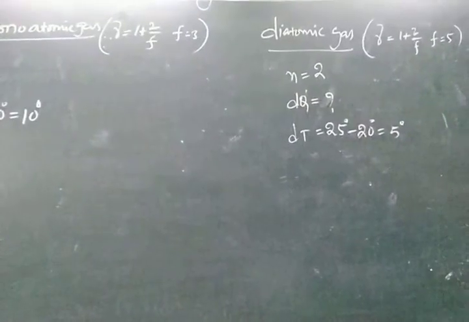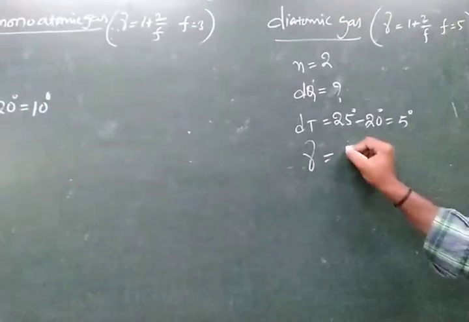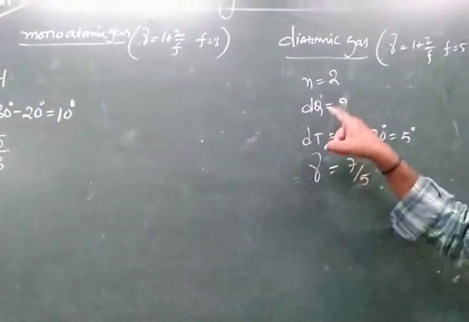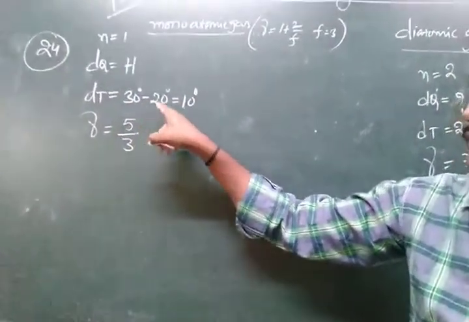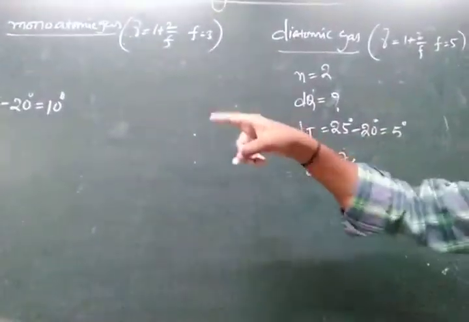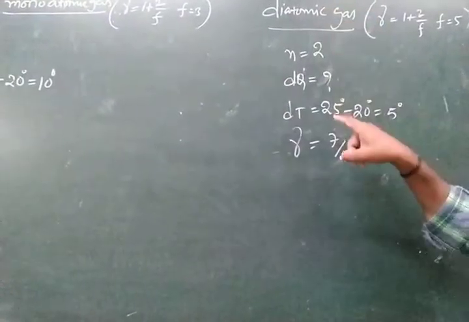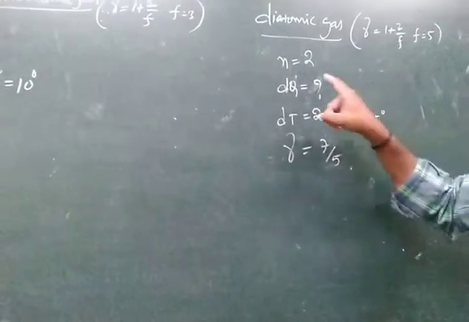Next one, gamma value for diatomic gas is 7 by 5. The question is, the heat required to heat the monatomic gas is H at temperature 10. So if you want to heat 2 moles of diatomic gas up to 5 degrees, what amount of heat will be required?